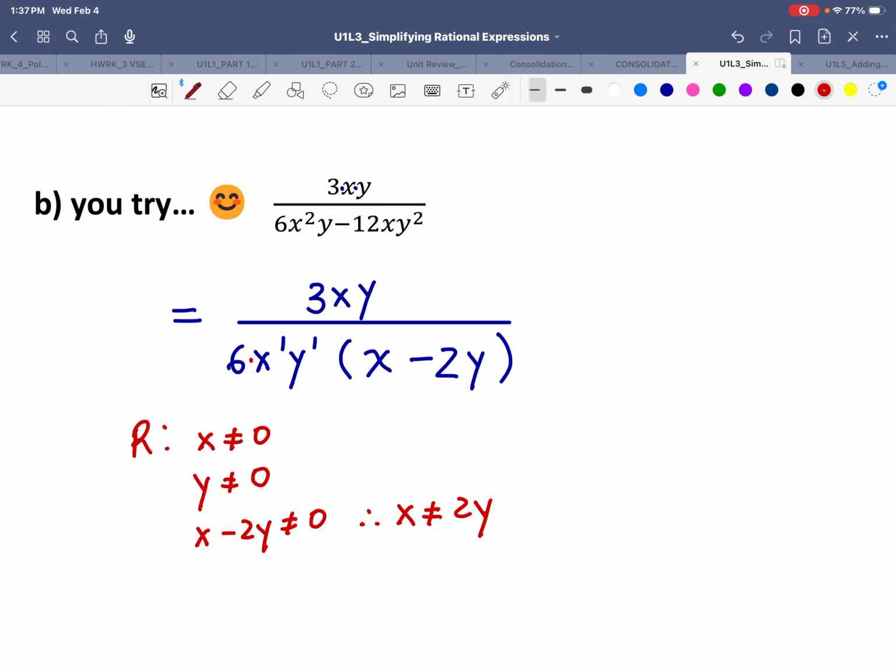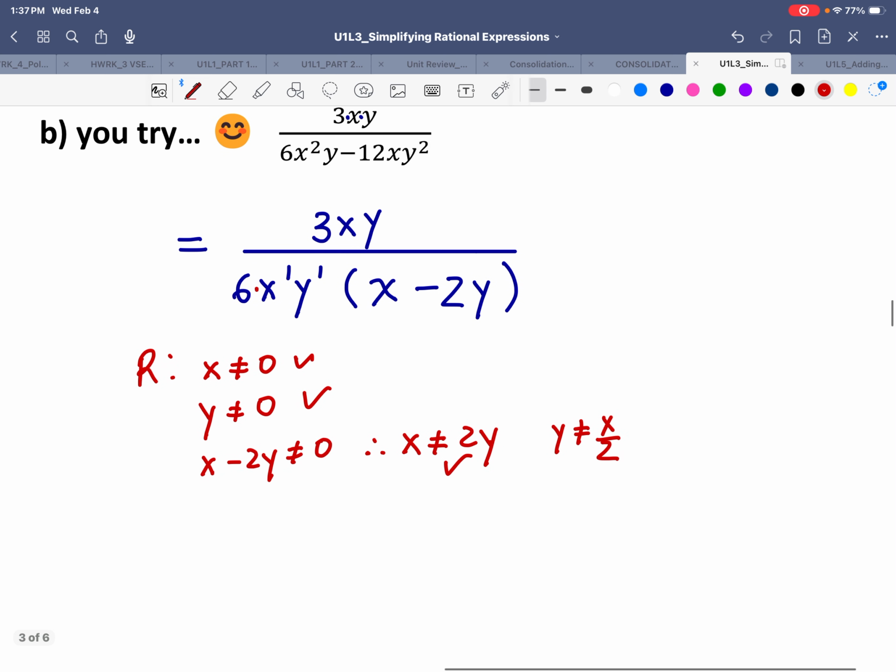We can also say y different than x over 2. It's equally true, right? So it doesn't really matter how, but we would like to state the restrictions on x. That is more common. Now, as you can see, we have 1, 2, and then 3 restrictions here.